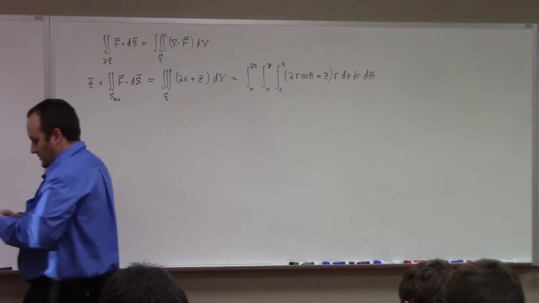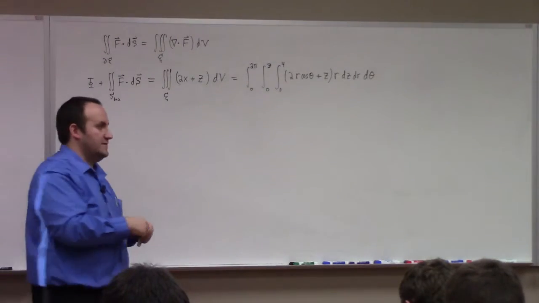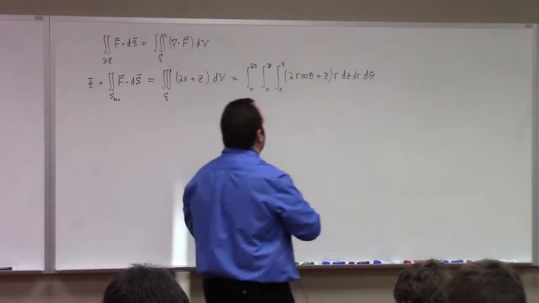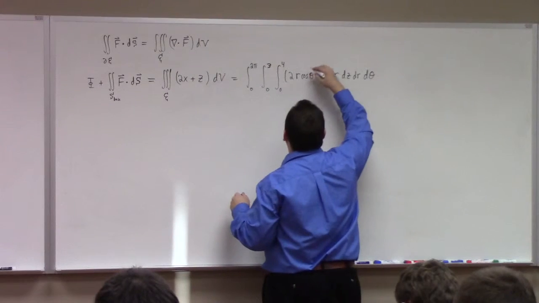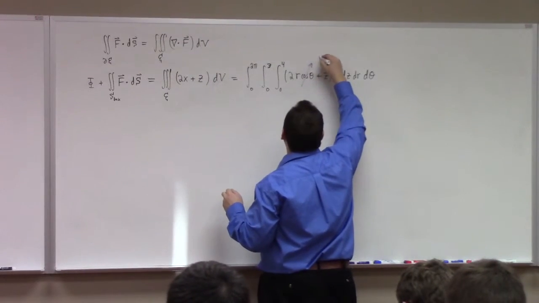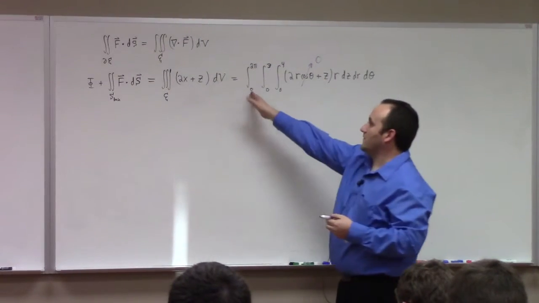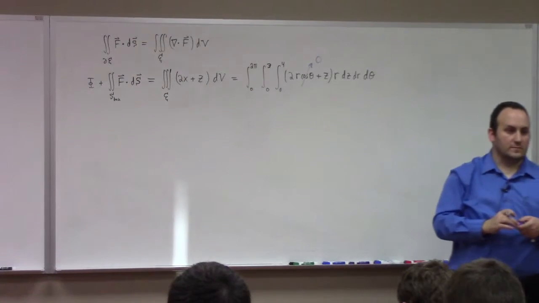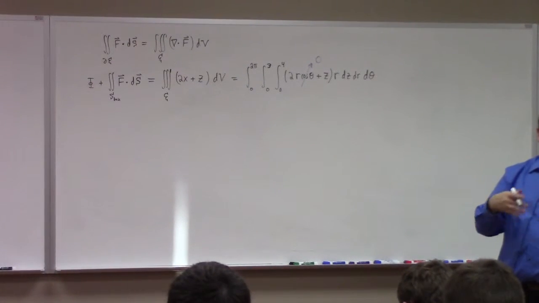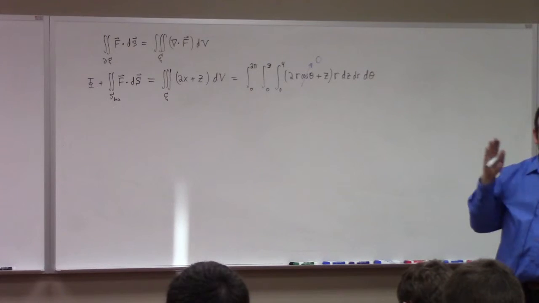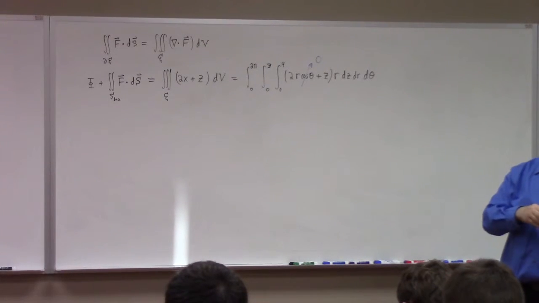Now, we don't need to toil and labor much over this term because we know that the cosine theta will integrate to 0 because we're integrating over a whole cycle. And there's no theta dependence in the r and z, so the integrals would multiply.